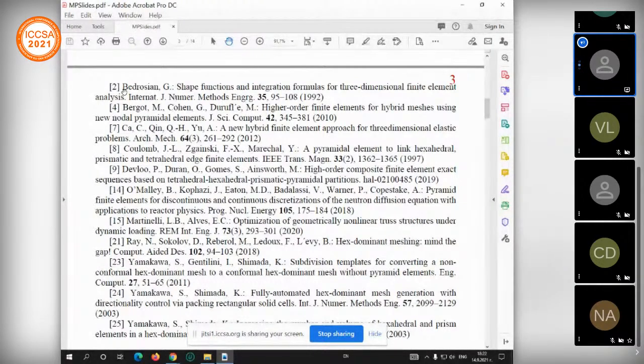In the three-dimensional domains, the conforming coupling between hexahedral and tetrahedral meshes does not require complicated transitional elements. The pyramidal elements assure conformity in a natural way. This construction has been applied by various authors. See, for instance, the paper by Yamakawa and Shimada [23].